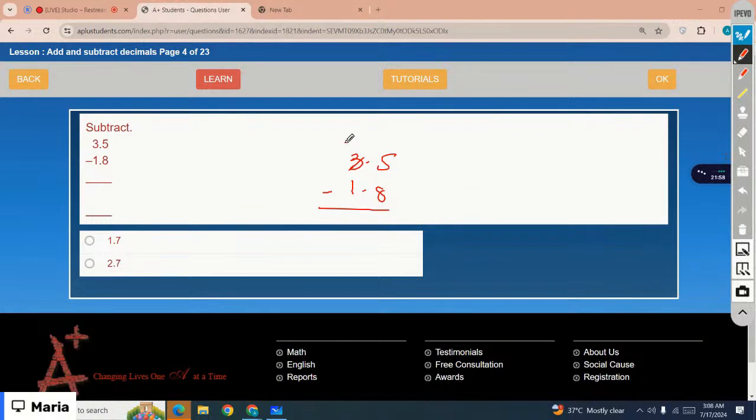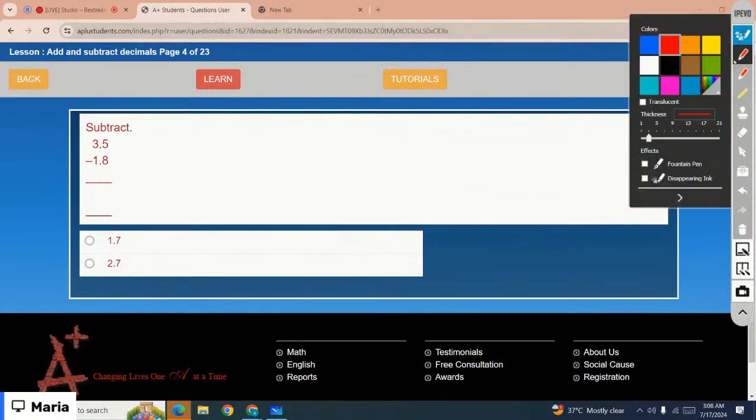We have 5 here and we need to carry 1, so that makes it 15. 15 minus 8 is 7. And 2 take away 1 is 1, so that is 1.7. Option number 1 is the correct option. Got it? 1.7 is the correct option.